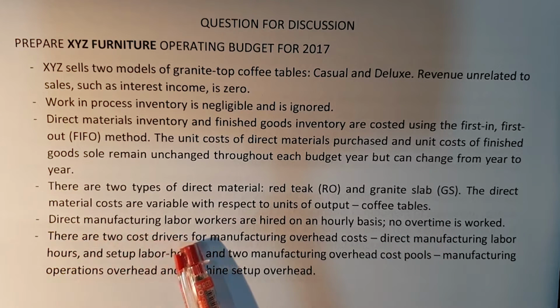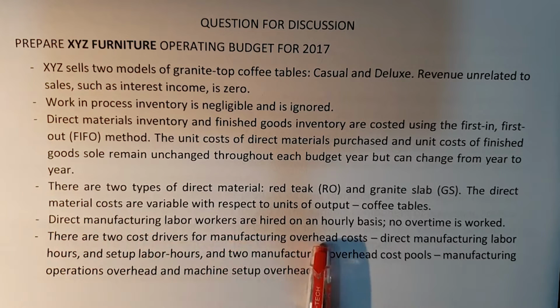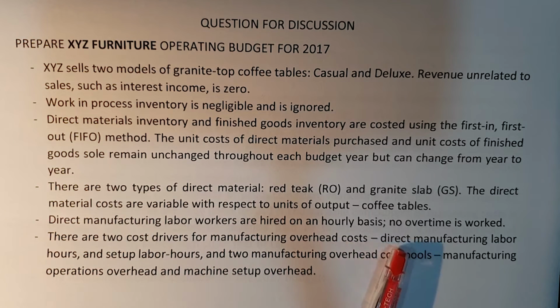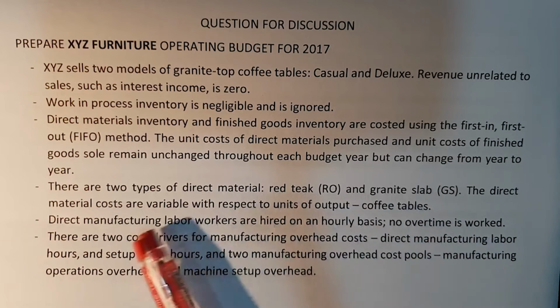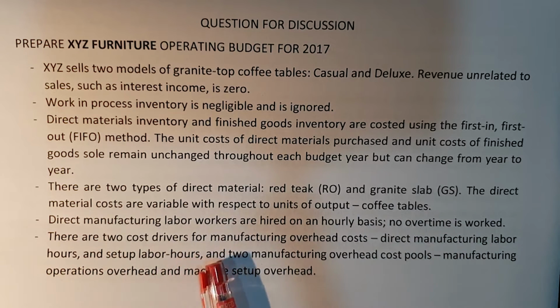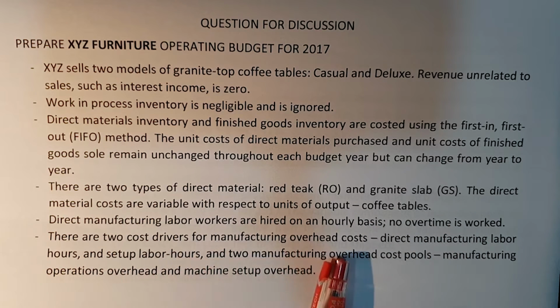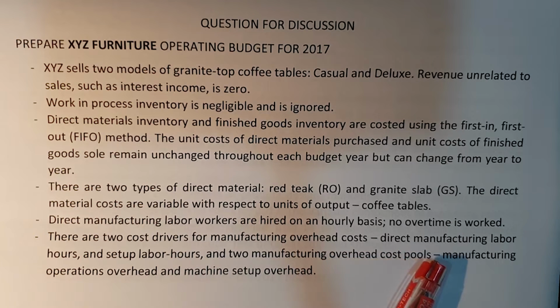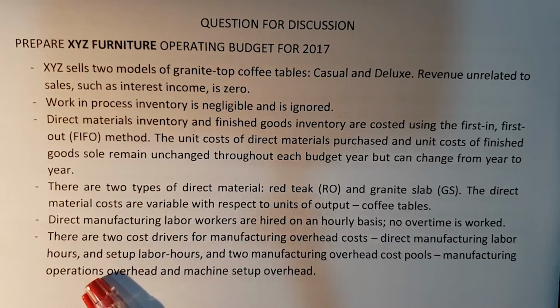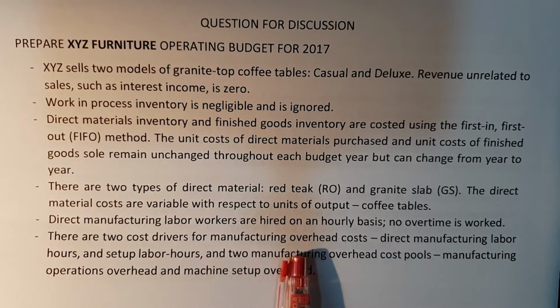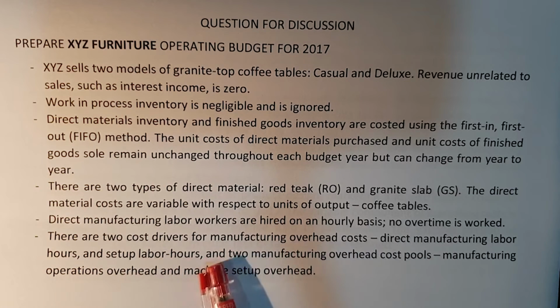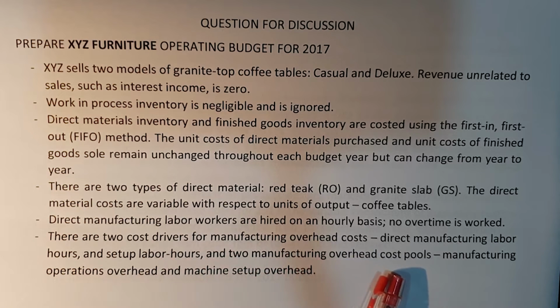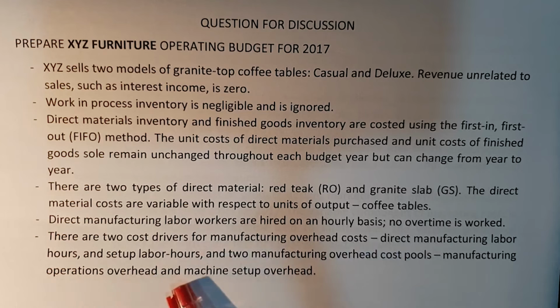Direct manufacturing labor workers are hired on an hourly basis and no overtime is worked. There are two cost drivers for manufacturing overhead costs. Number one is direct manufacturing labor hours, and number two is setup labor hours. So there are two cost drivers here, and two manufacturing overhead cost pools. They call them manufacturing operations overhead and machine setup overhead.